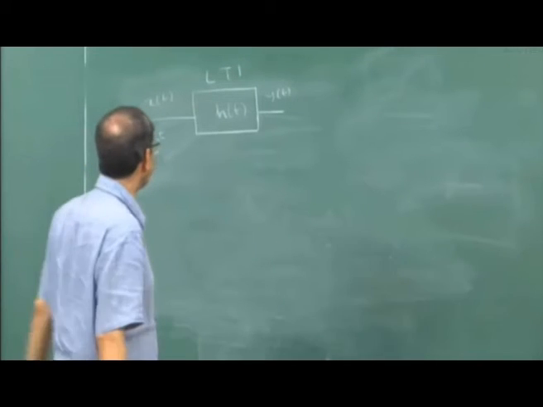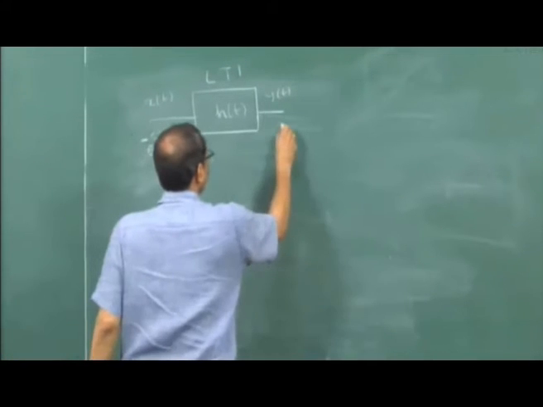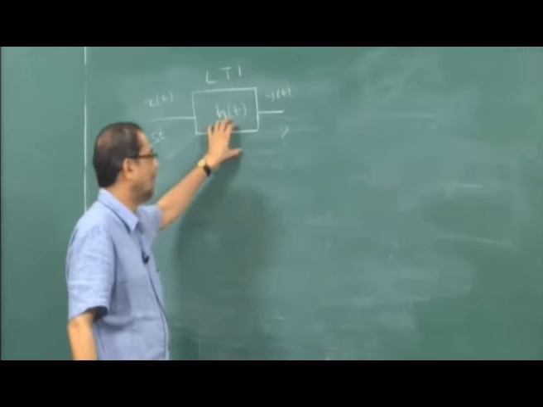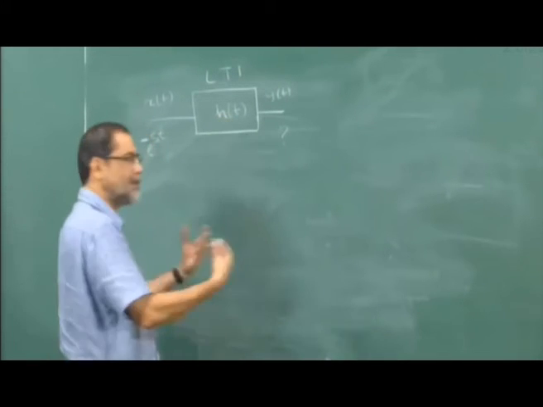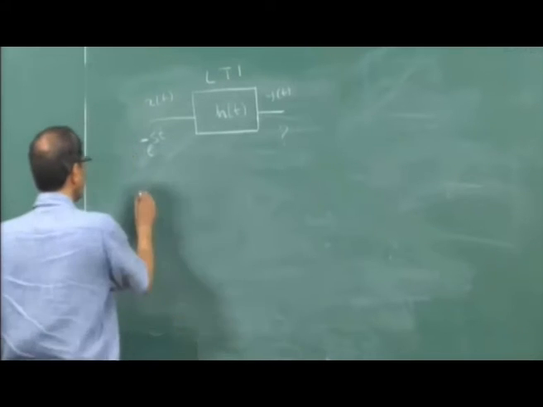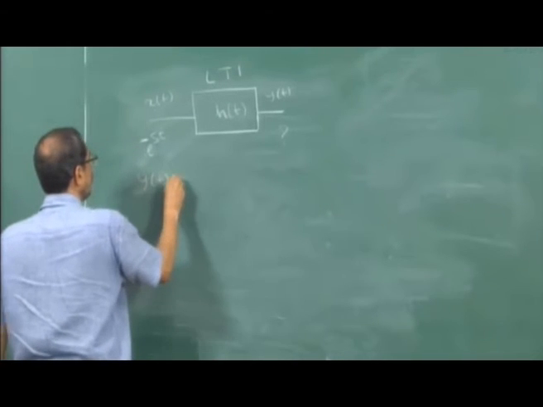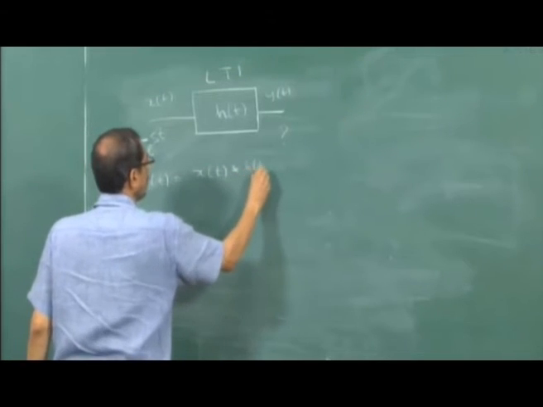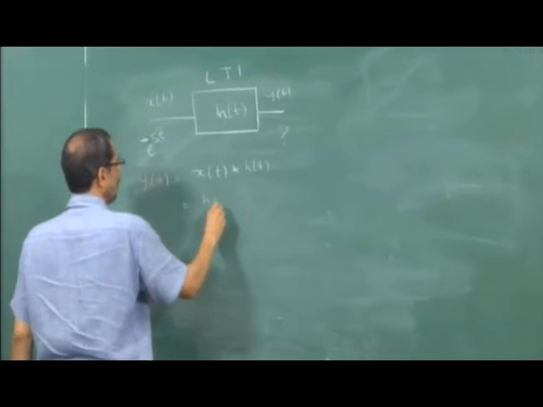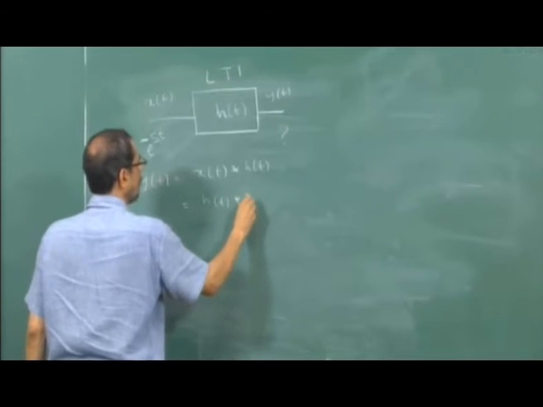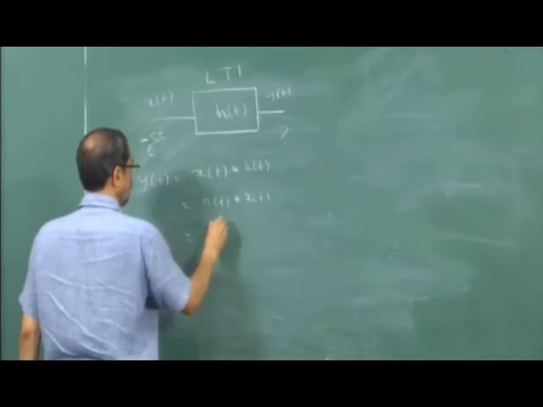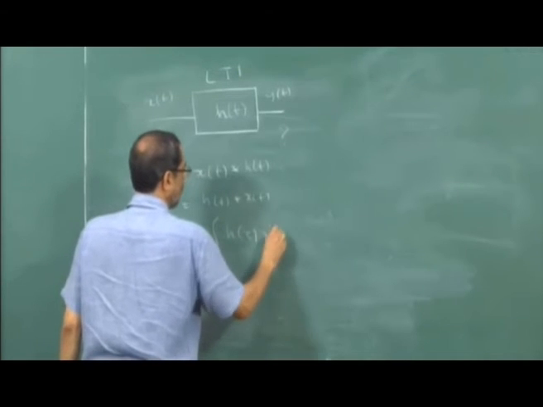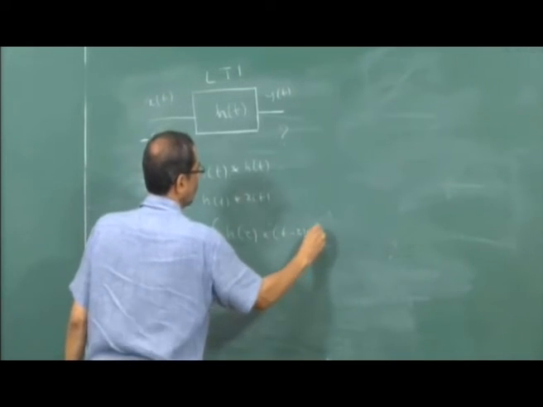What will be the output? Because it is LTI, convolution holds good. So let me try convolution. y of t is x of t convolved with h of t, or since it is commutative, h of t convolved with x of t. So it is the integral from minus to plus infinity of h of tau x of t minus tau d tau.